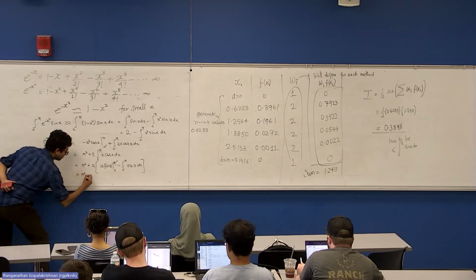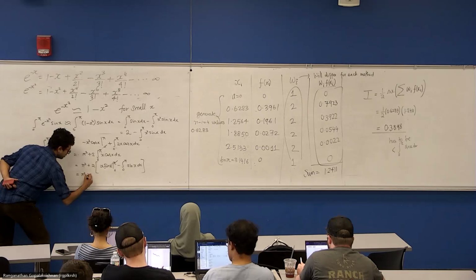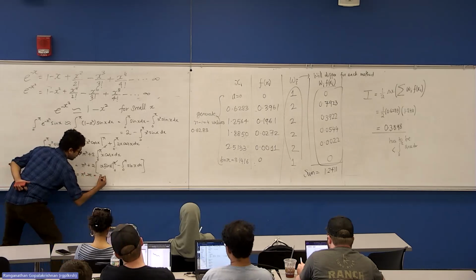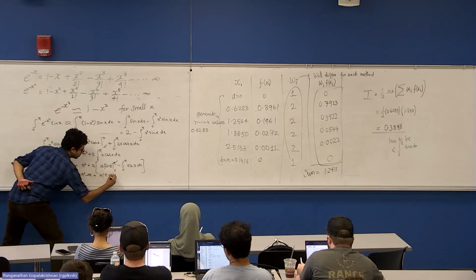This is pi squared minus 2 pi, or pi times pi minus 2.